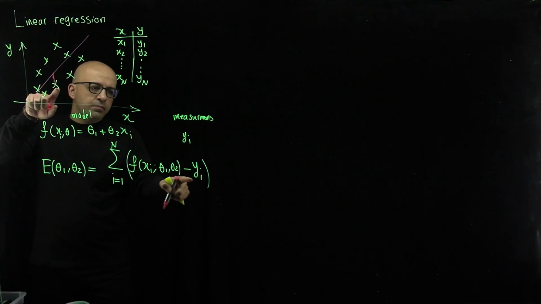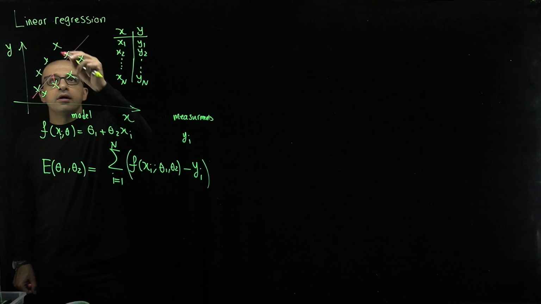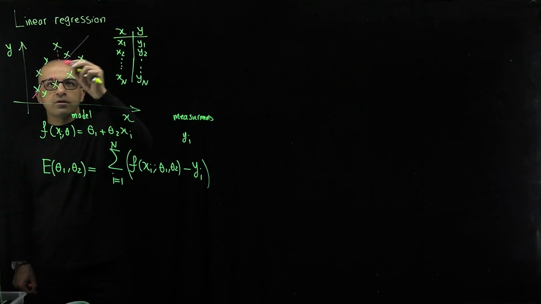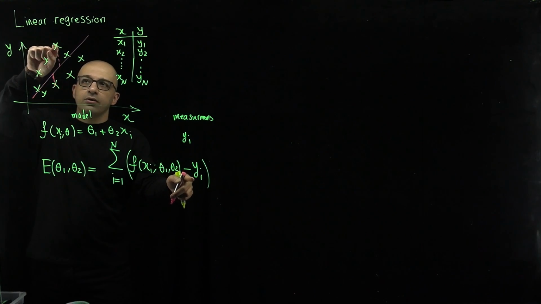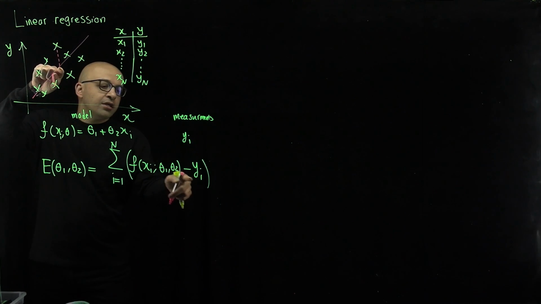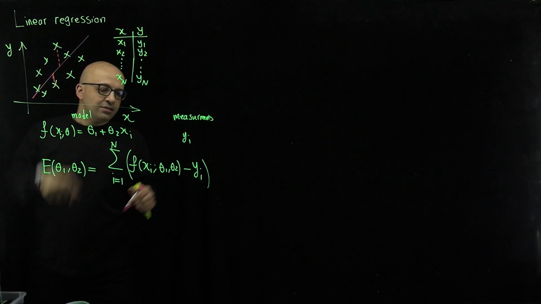Here yi is smaller than the prediction of the model, so for this point this value would be a positive number. But if I look at this point, yi, which is the value here, is larger than f of xi, so this would be a negative number. So these two errors, if I sum them up, will cancel each other out.